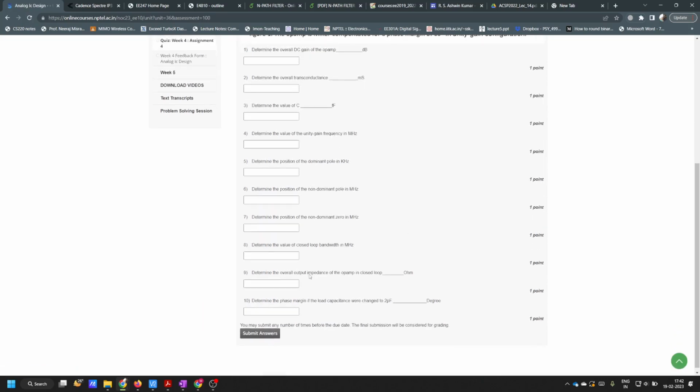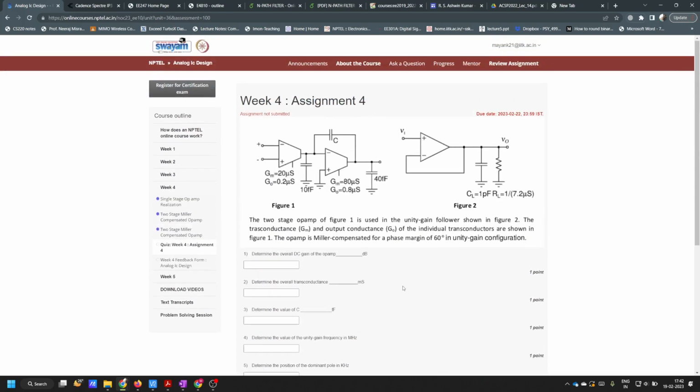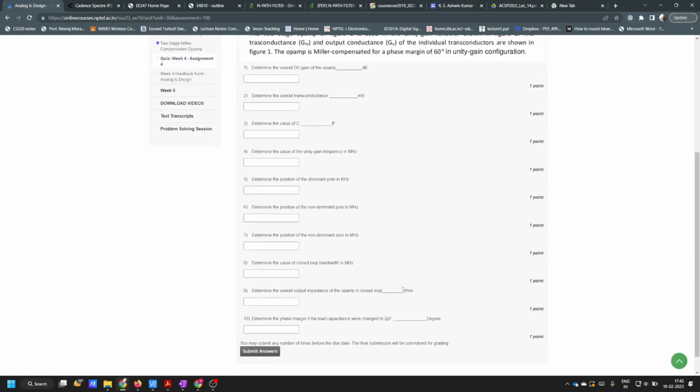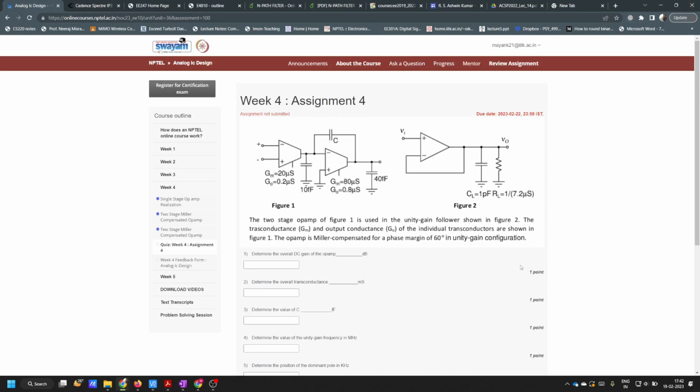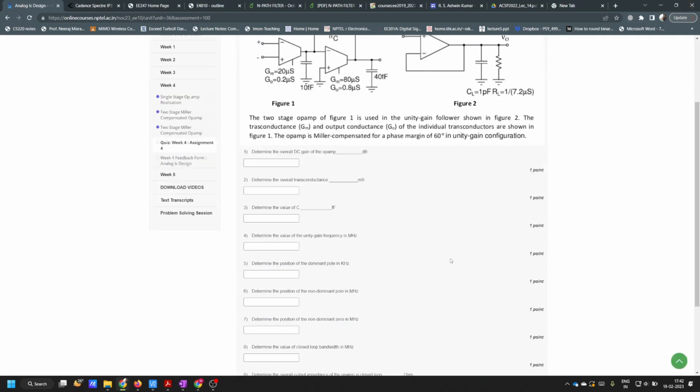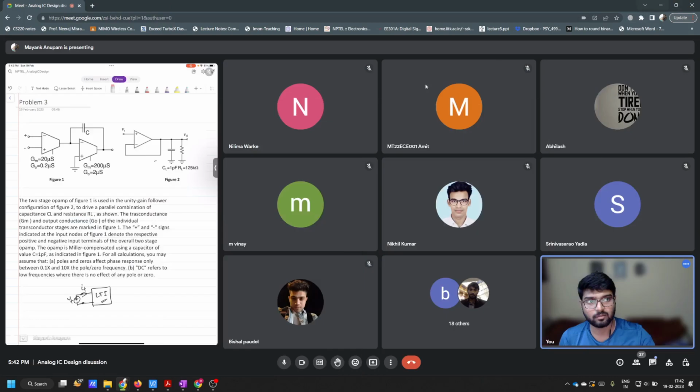What is overall? Yeah, so they are only asking this one without the capacitor and the resistor. Okay, that is what they mean. They are only asking this part, only this part, without these two guys. Okay, that is what they are asking.